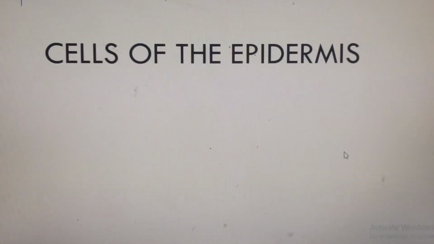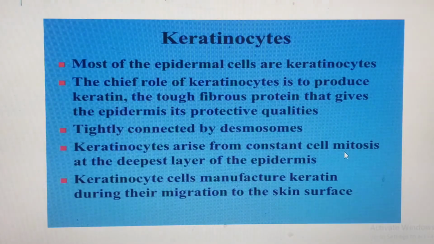Good. So now, having seen the epidermis, what are the cells that we find in the epidermis? About 90% of the cells are keratinocytes, which as they move up from cuboidal polyhedral cells become squamous at the apical-most layer.